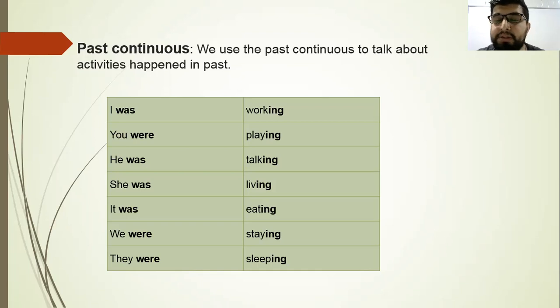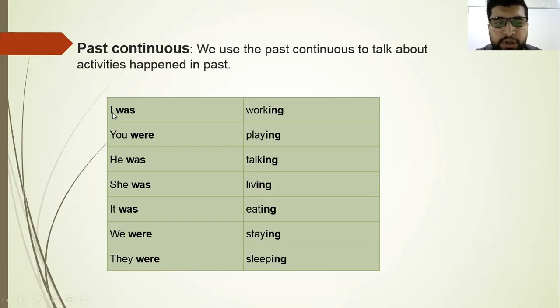And you say, the cat was running. Right now, I don't see the cat because he went away. So I just say, the cat was running. That's how you use past continuous.